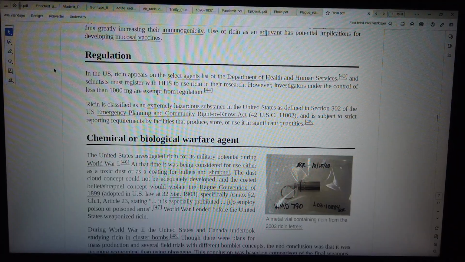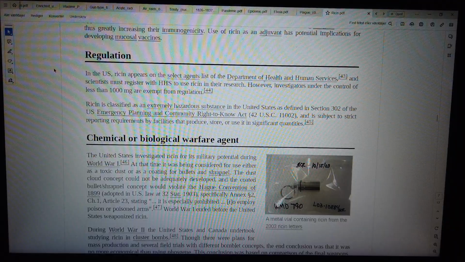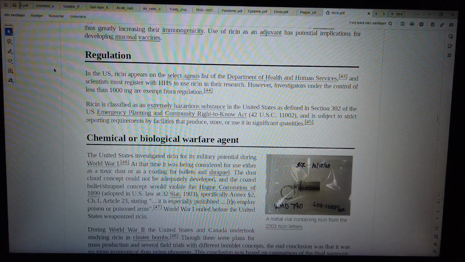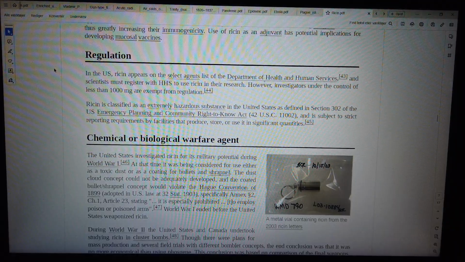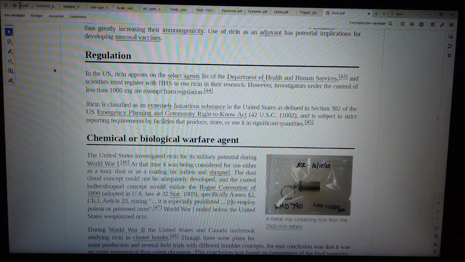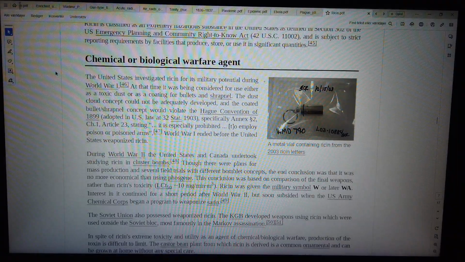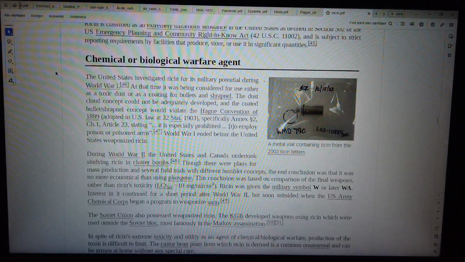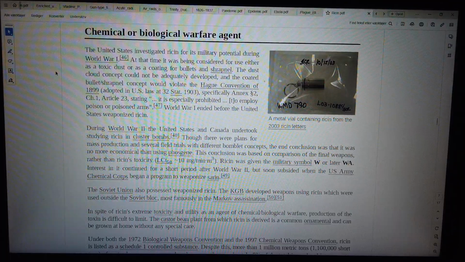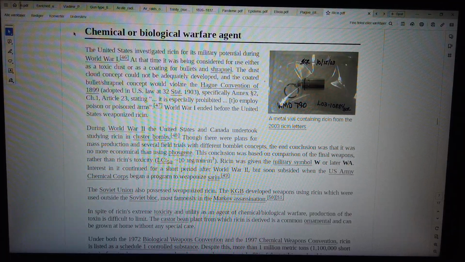Ricin is classified as an extremely hazardous substance in the United States as defined in Section 302 of the U.S. Emergency Planning and Community Right to Know Act, 42 U.S.C. 11002, and is subject to strict reporting requirements by facilities that produce, store, or use it in significant quantities.